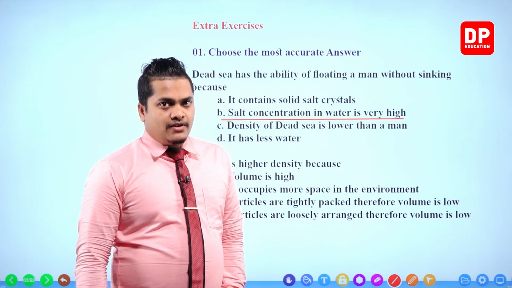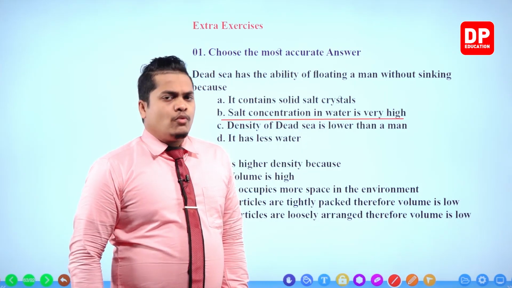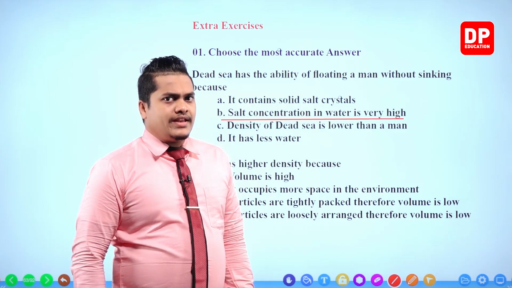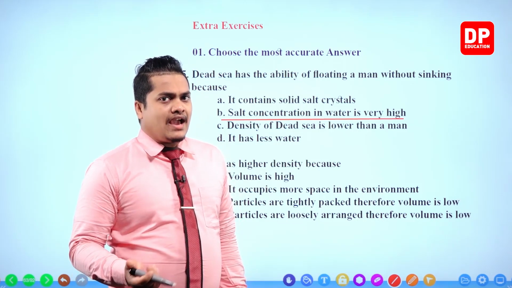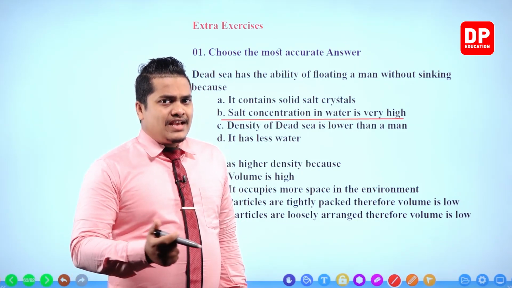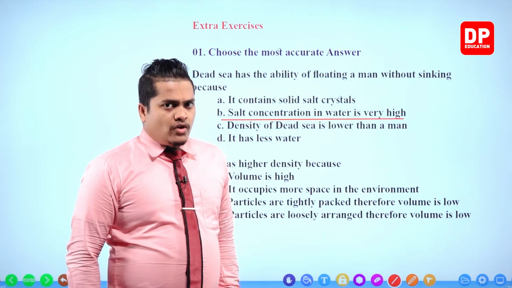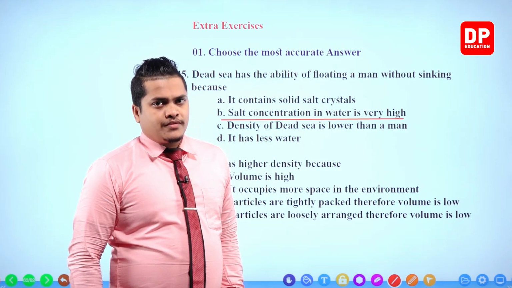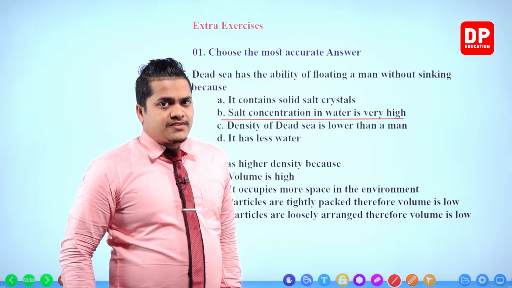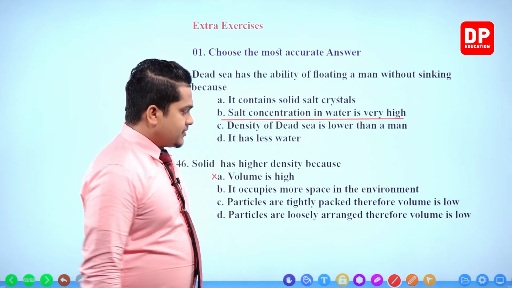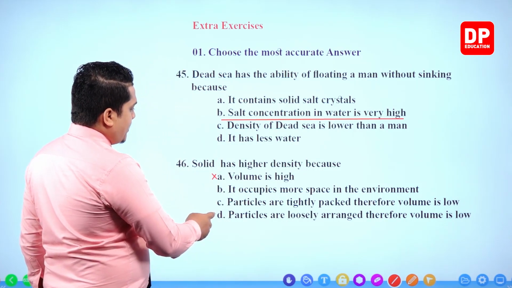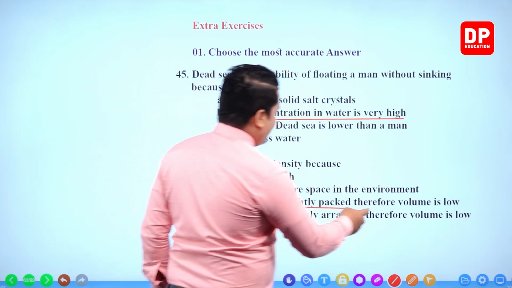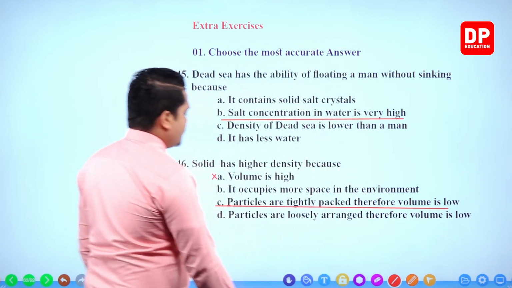Because of having lesser volume, it has a high density. Why does any kind of solid have a very small volume? Because their particles are tightly packed and arranged, so they would not spread here and there. So the answer would be particles are tightly packed, therefore volume is low.